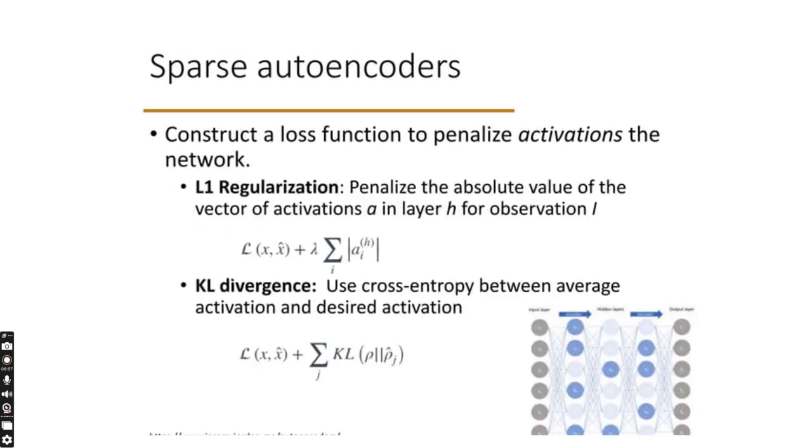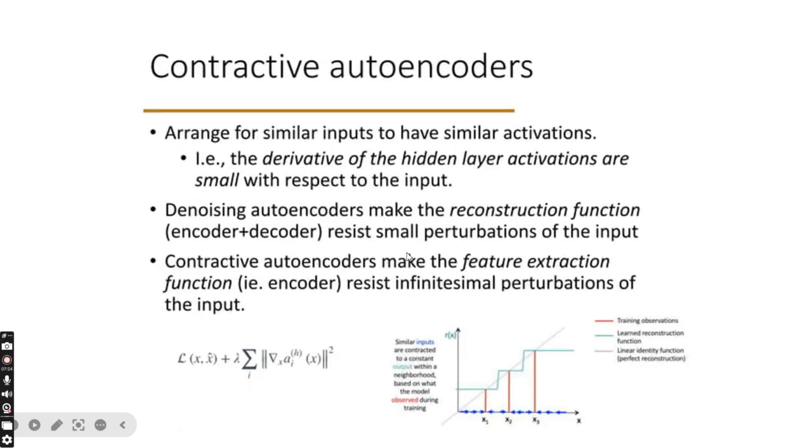We can use L1 regularization or KL divergence. L1 regularization penalizes the absolute value of the vector of activations a in layer h for observation i. KL divergence uses cross entropy between average activation and desired activation. So this is the sparse autoencoder.